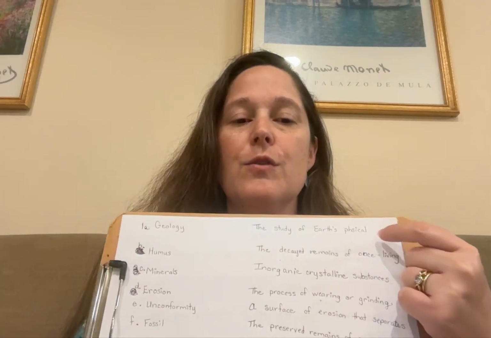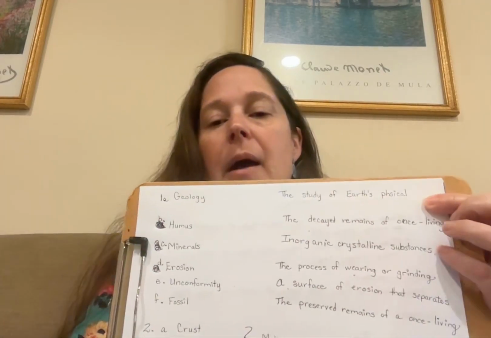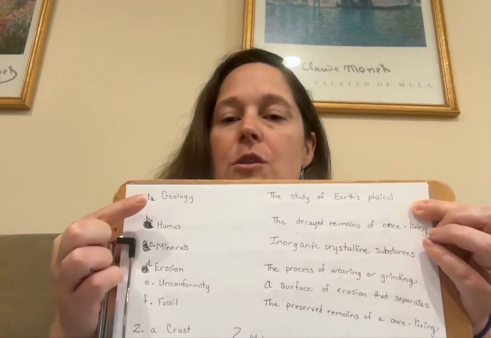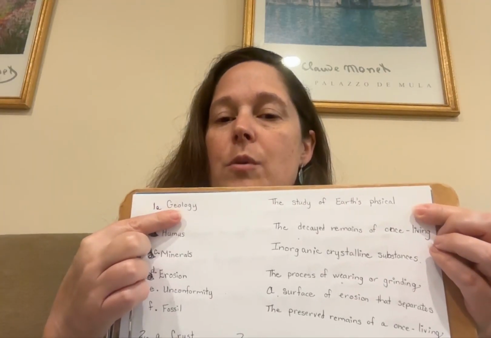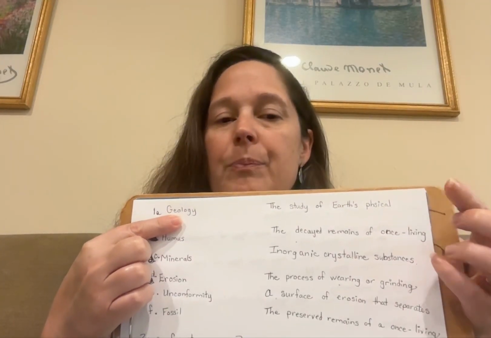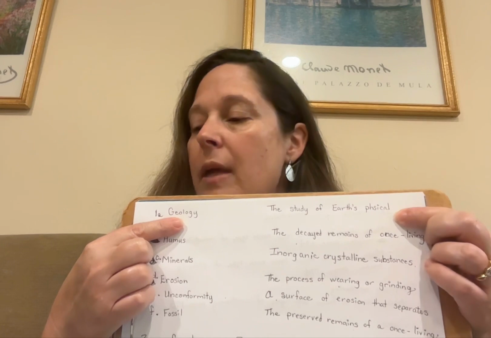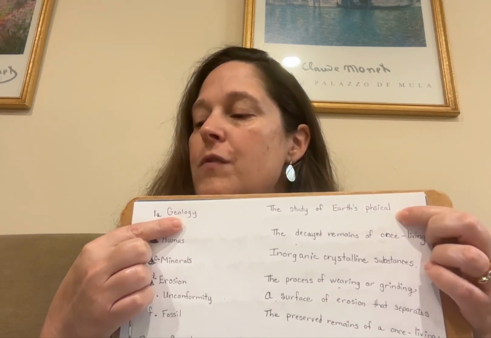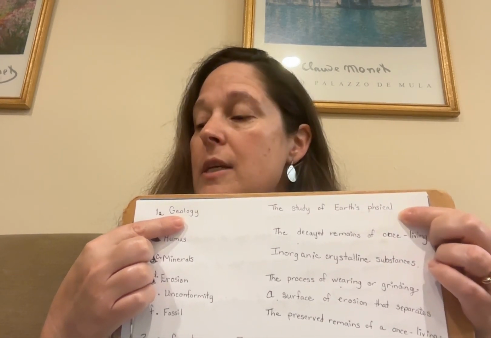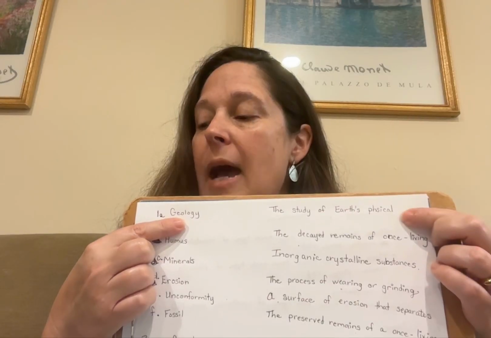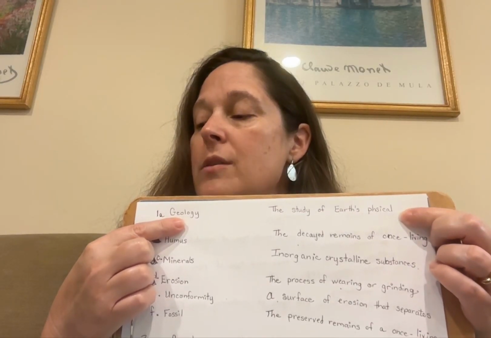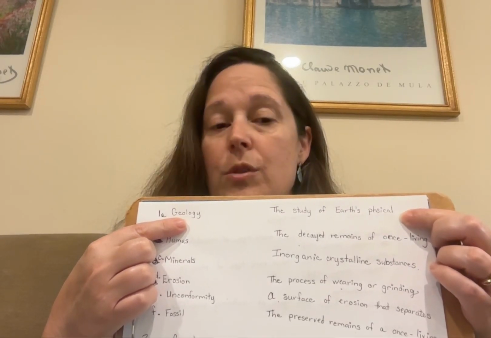I have just listed them to which one you need to match, and the first few beginning words to match each definition to its word. The first word is geology, and it should match up with the study of Earth's physical structure, its history, the processes acting on it, and the rocks of which it is composed.